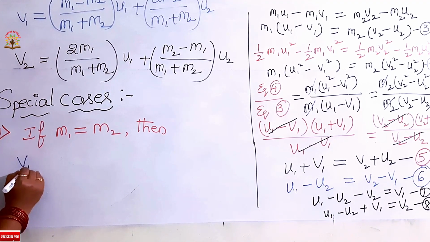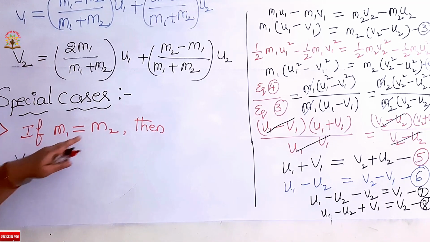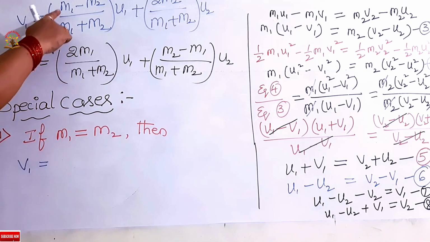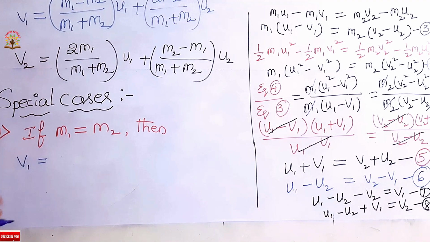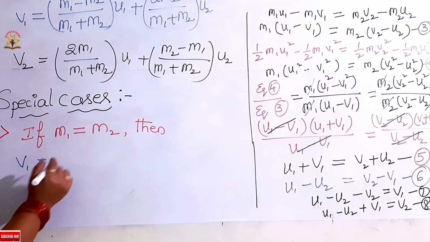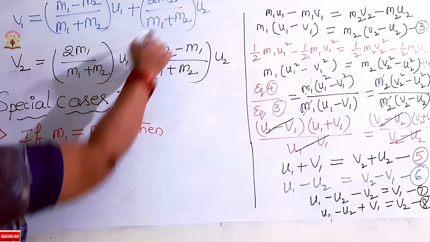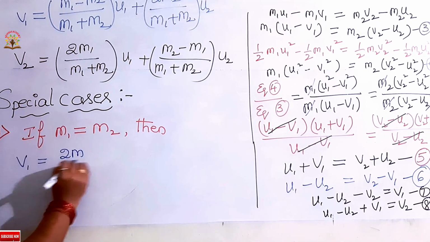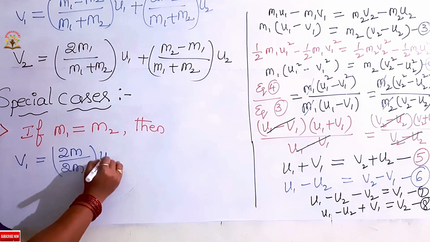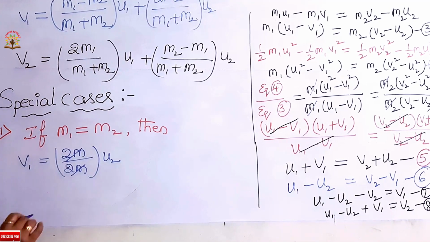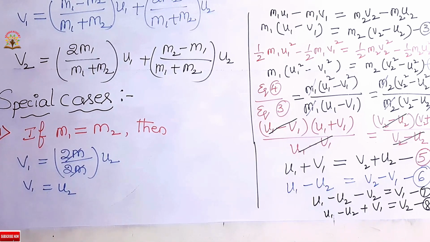In the above expression, if M1 is equal to M2, the entire term is 0. Then what is V1? Here 2m, here m and m. 2m by 2m of u2, the 2m cancel. So V1 is equal to u2.